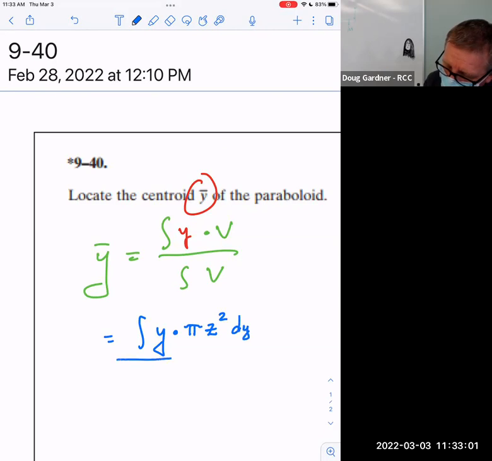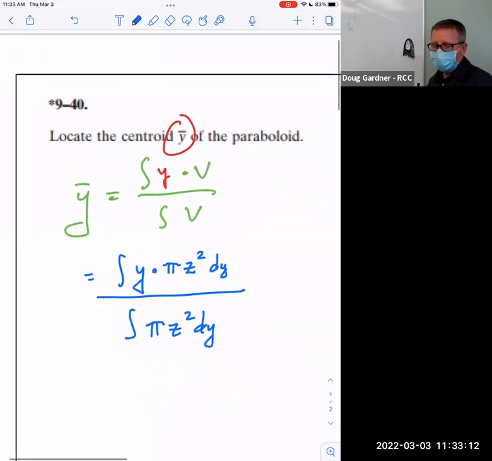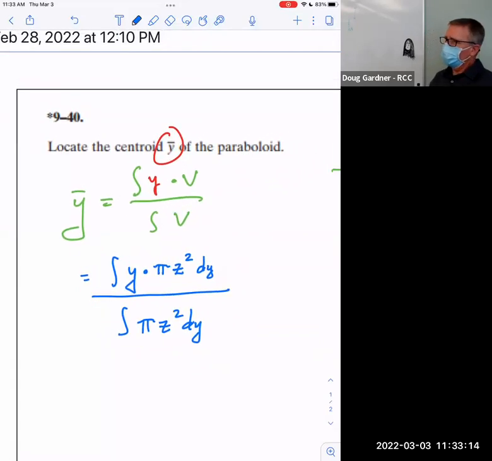And on the bottom, I would have the same thing. It's just I don't have that extra distance out front, that distance Y. I'm hoping you see this as similar, but up a dimension from yesterday.